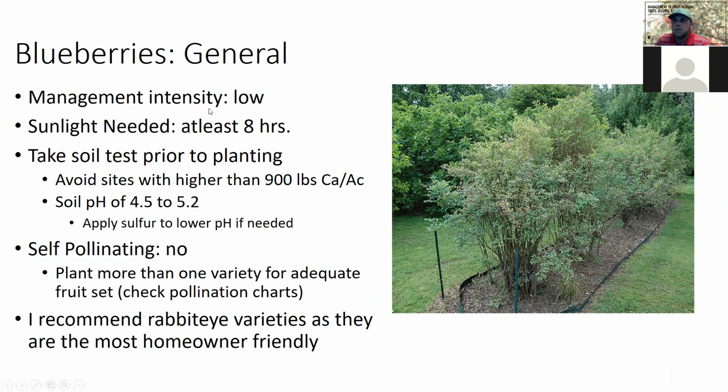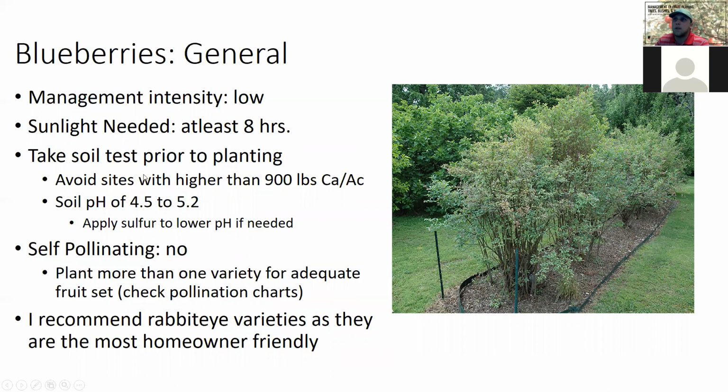Management intensity, I say very low. Blueberries are native to the southeast. So obviously our cultivars now are improved as opposed to the wild varieties that grow here in the Piedmont and the southeast.